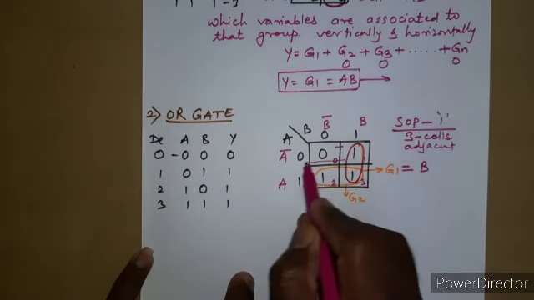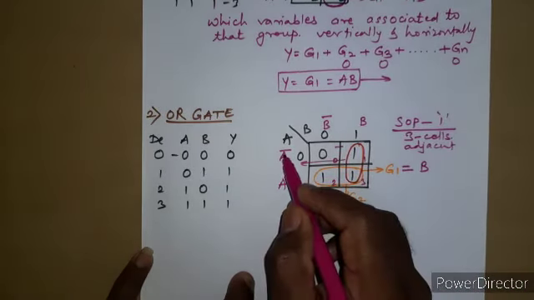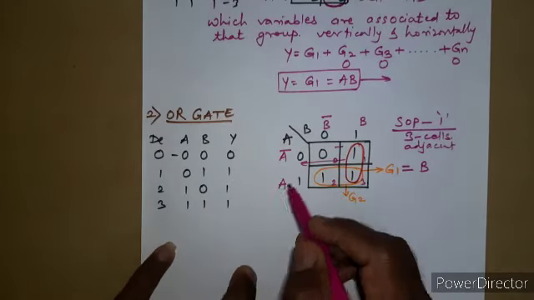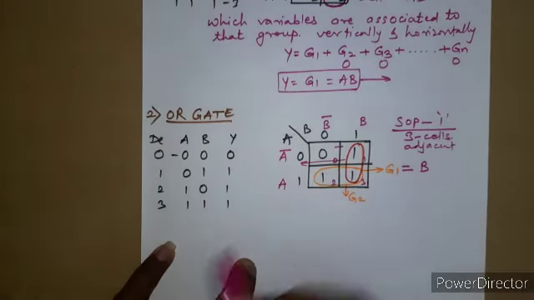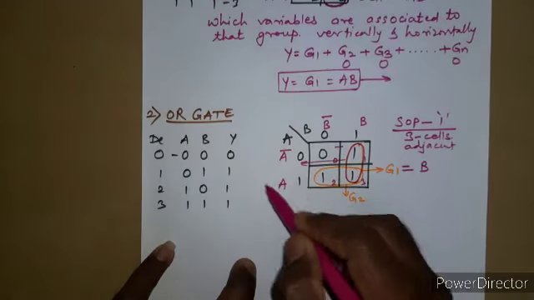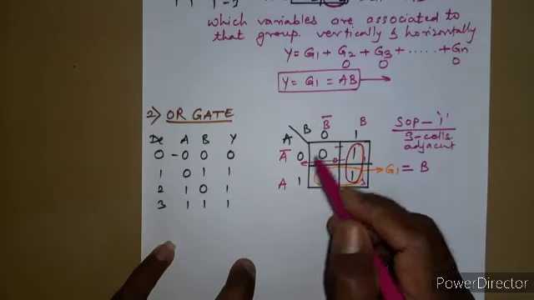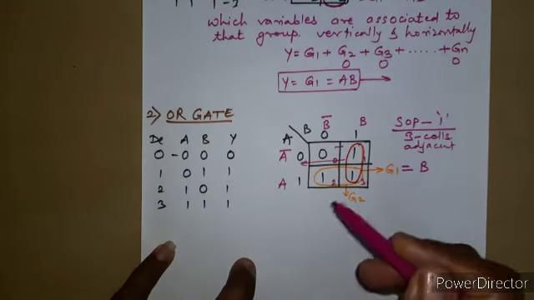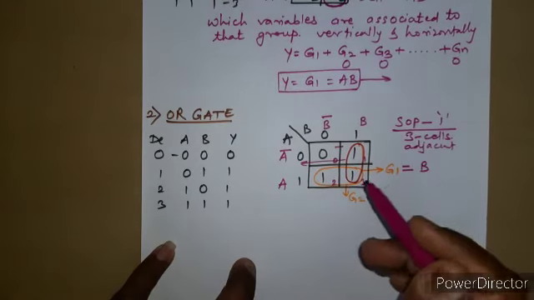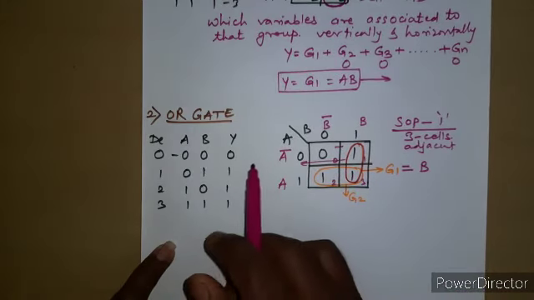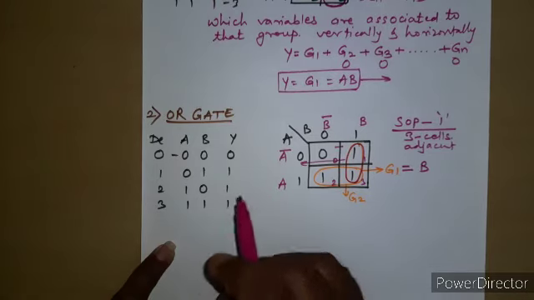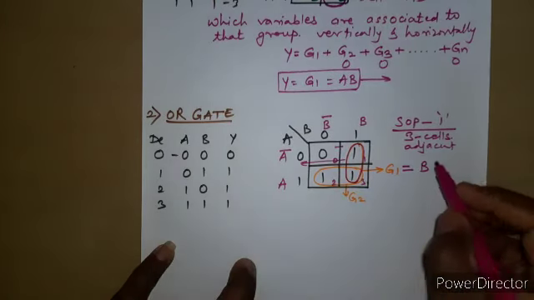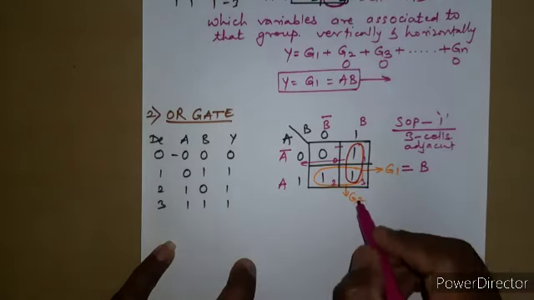And if you see this way, horizontally this is A bar and A. Now here we need to skip this A bar and A, because they are changing, they are not fixed. Right? So the variables which are changing their values need to be skipped, or said another way, they are eliminated.